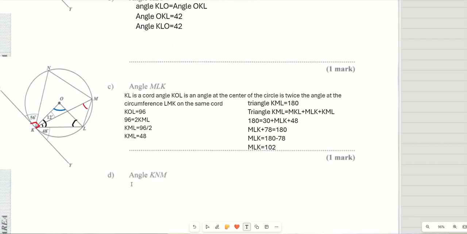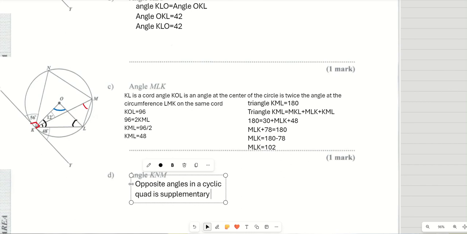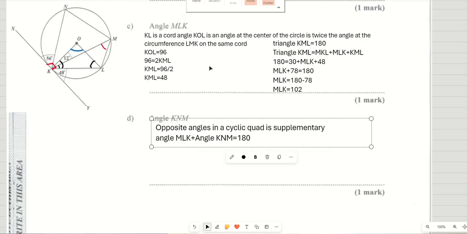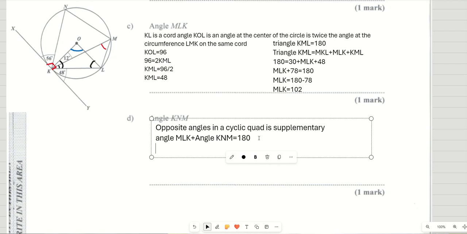So opposite angles in a cyclic quadrilateral are supplementary.